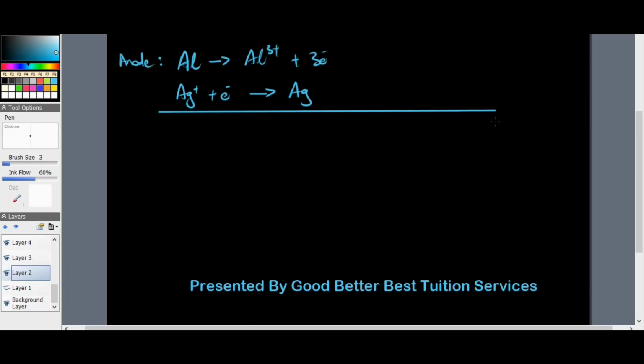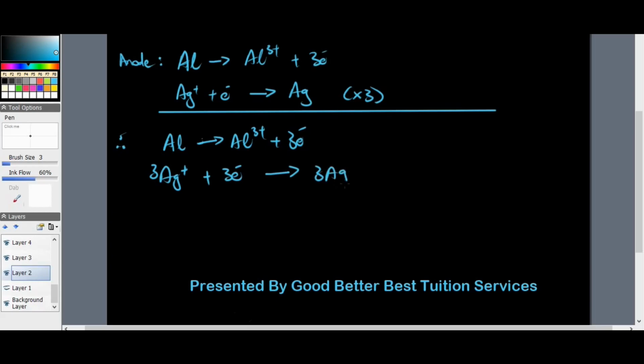Now, if you want to have a net reaction, we have to balance out the electrons. Here I got 3 on top. Here I got 1. Not going to work, right? So obviously, the bottom one needs to be multiplied by 3. If I do that, I'm going to write the top one as well. Al gives me Al3+ plus 3 electrons, and the second one multiplied by 3 gives 3Ag+ plus 3 electrons gives 3Ag.